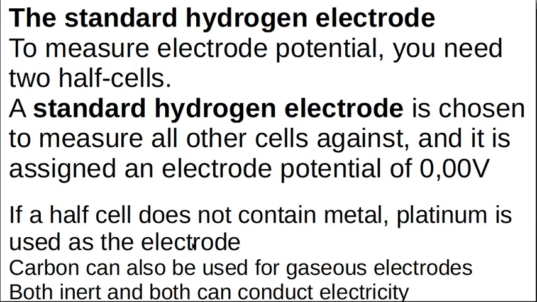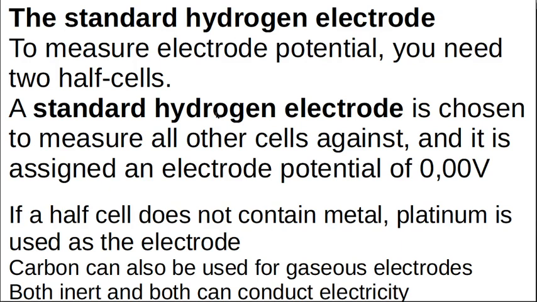You need 2 half cells to measure electrode potential, and when you want to find out for an unknown substance, you measure it against what is called the standard hydrogen electrode. Scientists decided that if we set up this hydrogen electrode under the correct conditions, it's going to have an electrode potential of 0 volts. So all of those voltage readings in that table are compared to the standard hydrogen electrode.